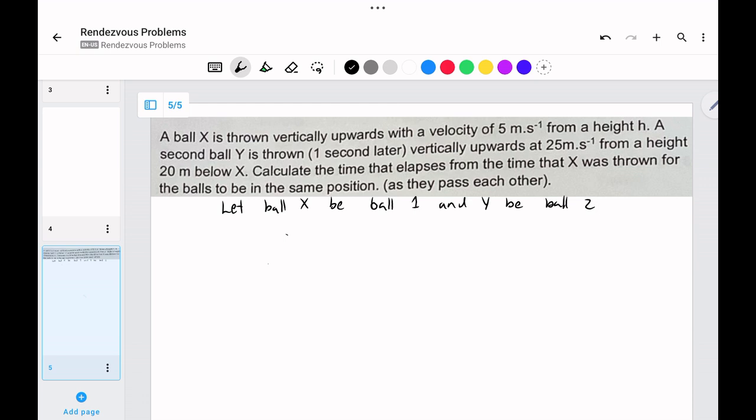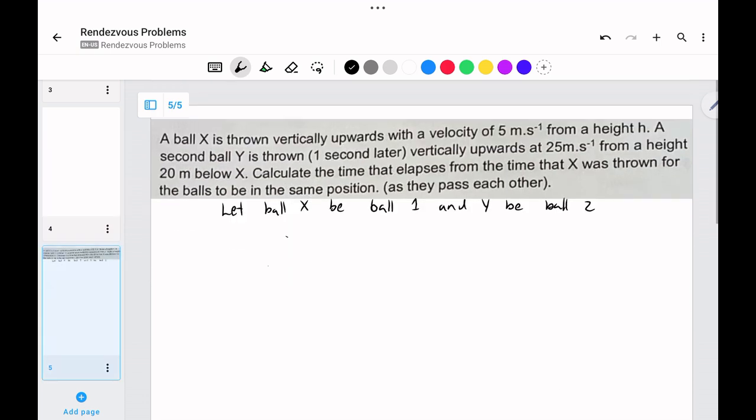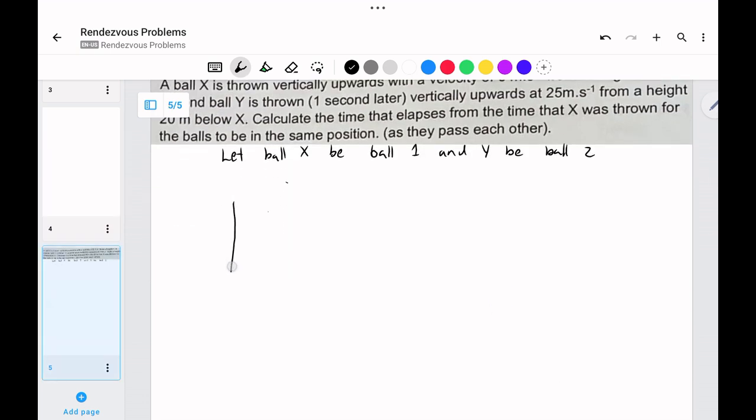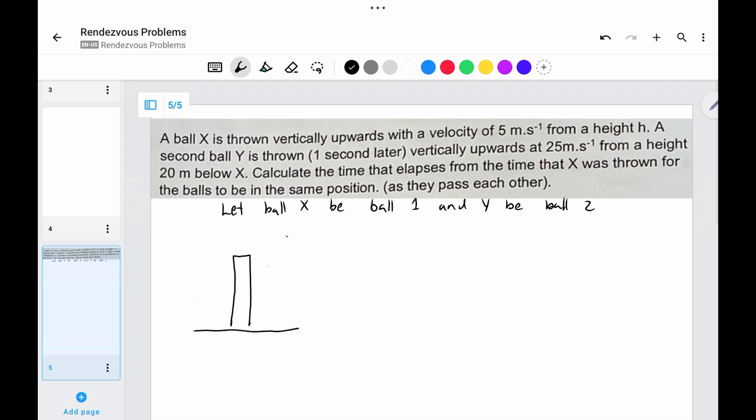Of course, in those previous two problems, we had a picture. We haven't been given a picture now, so let's go and draw one. Ball X is thrown vertically upwards with a velocity of 5 meters per second from a height h. So let's say this is the height h over here, and that's where ball 1 starts.